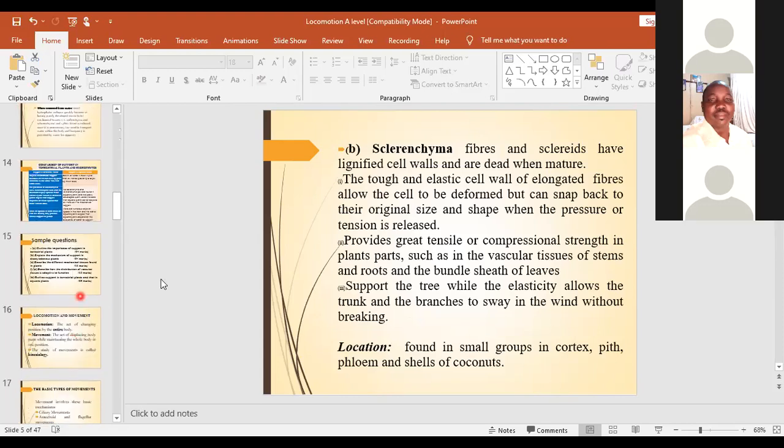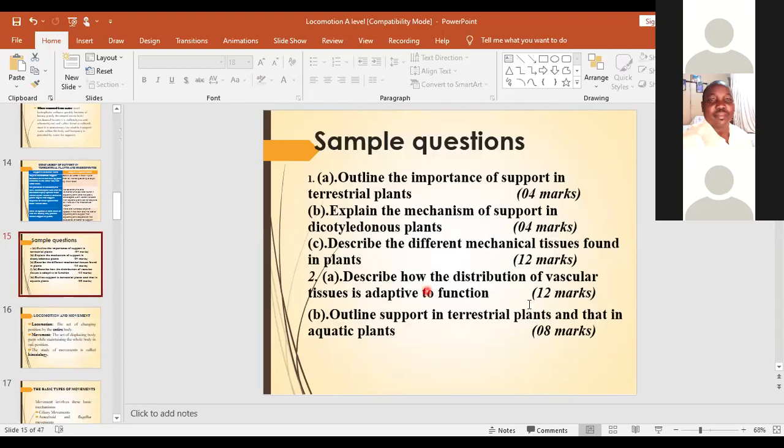Then another question is saying, describe how the distribution of vascular tissues is adaptive to its function. We also talked about this: the distribution for the young dicots, distribution in the roots, distribution in the leaves, and then distribution on mature stems in terms of the secondary xylem, which actually makes the woody plants very stiff.